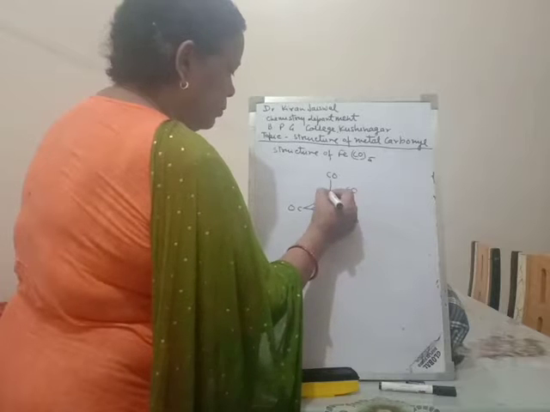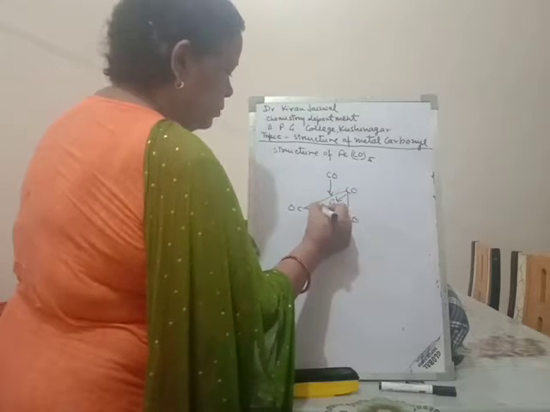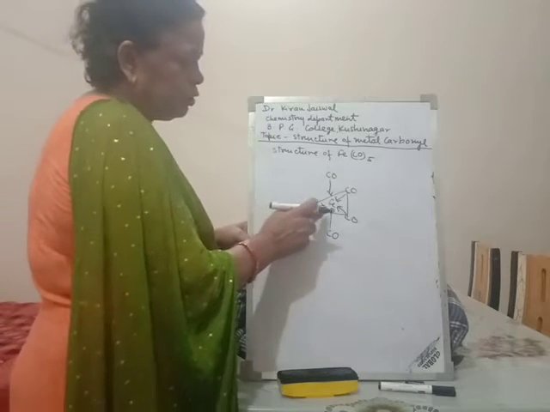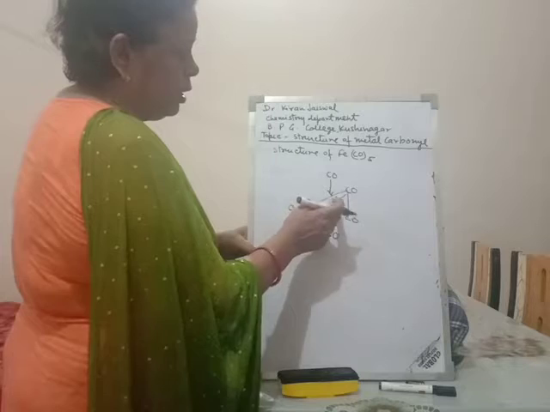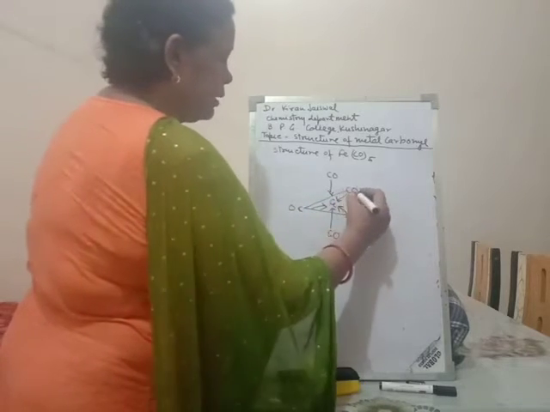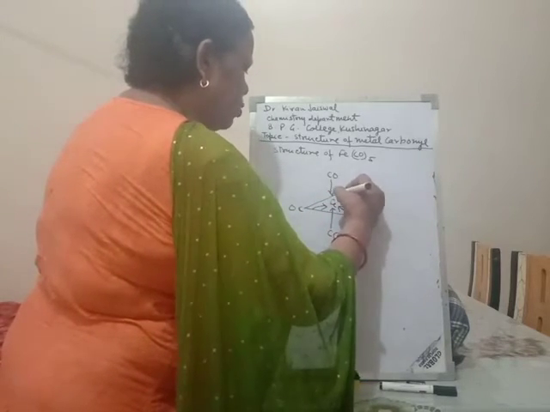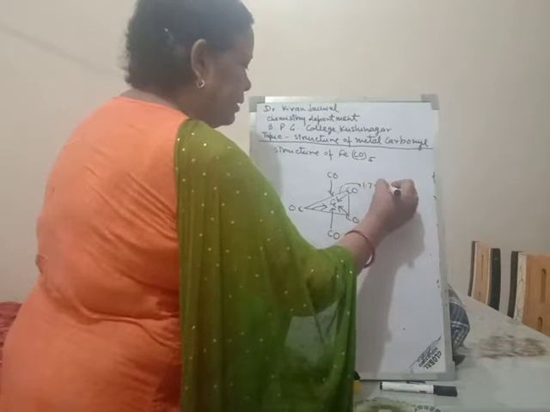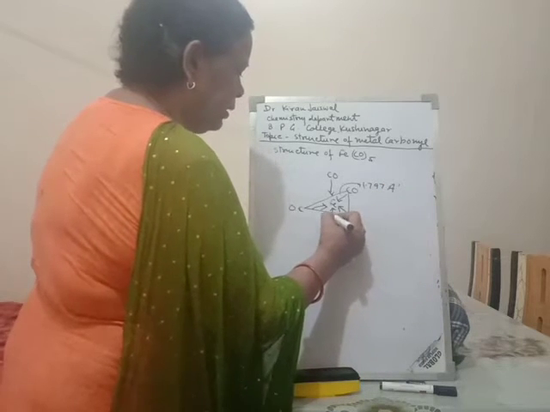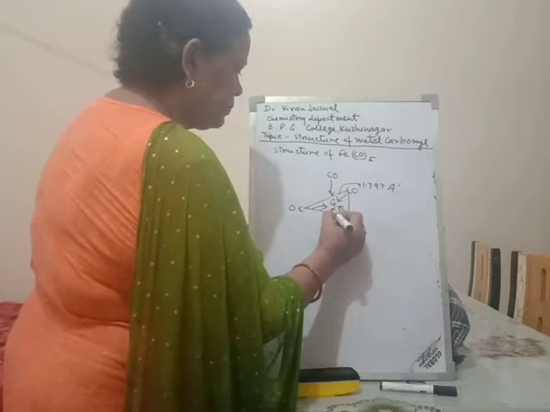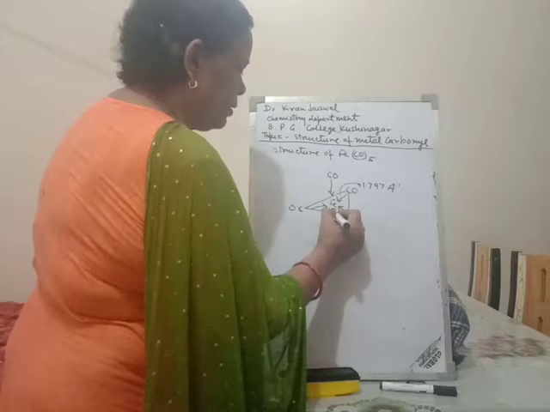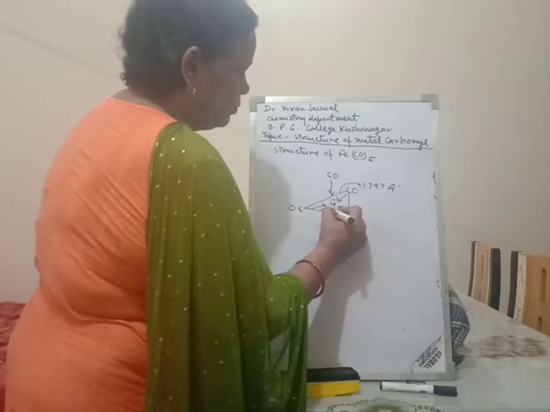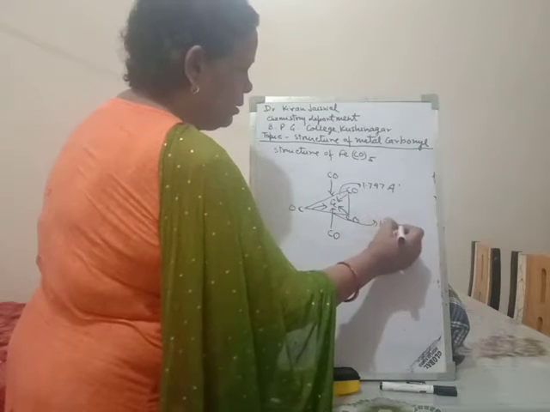This is the coordinate form: each CO donates one lone pair of electrons to the iron atom. This bond length is 1.797 angstrom, this bond length is 1.8 angstrom, and this is 1.81 angstrom.